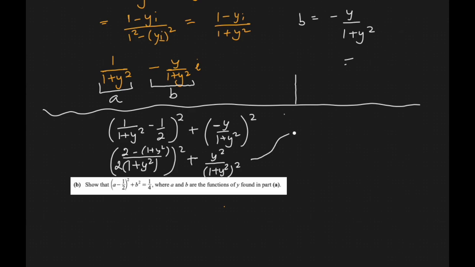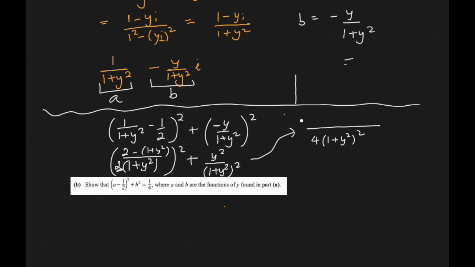Since we have opened the right one but the left one is still there, we can open that as well. So it will be a minus b whole square. That's what the numerator of that will be. Bottom it will be 4 times 1 plus y square. Yeah, this one, 2 square is 4 and the square of this one. What about the numerator?